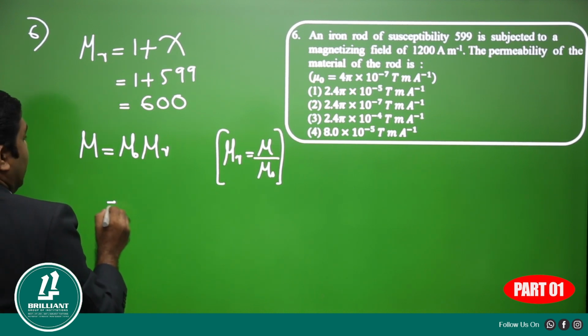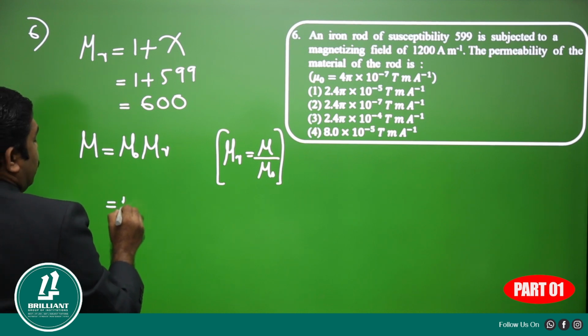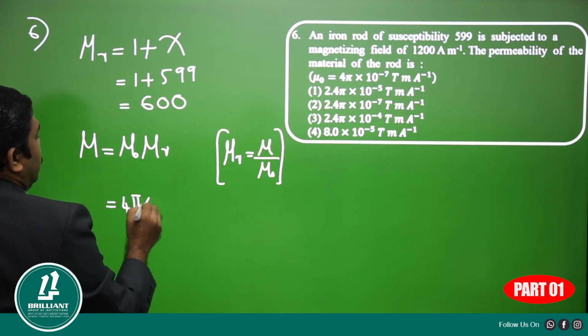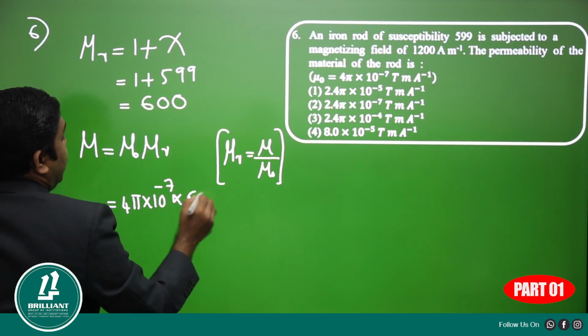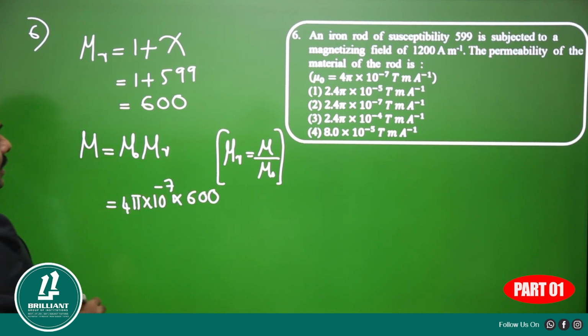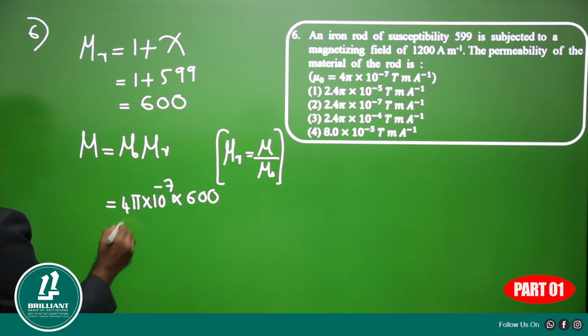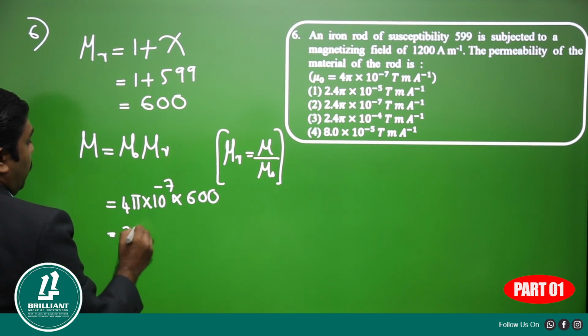Now the mu naught value is given, that is 4 pi into 10 raised to minus 7 into 600, and that is equal to 4 into 6 is 24.